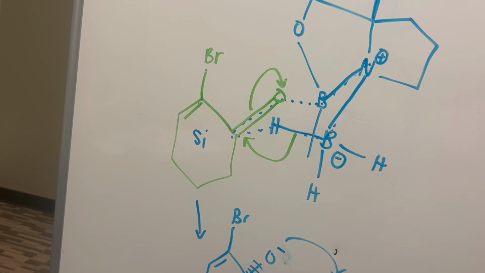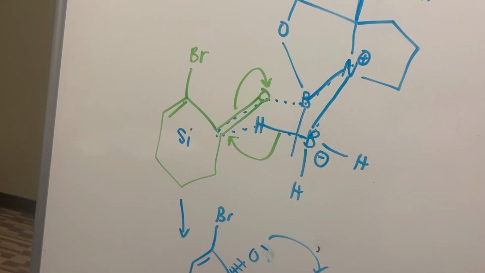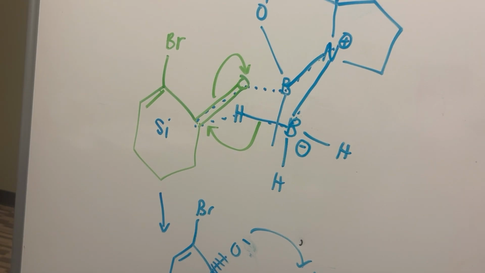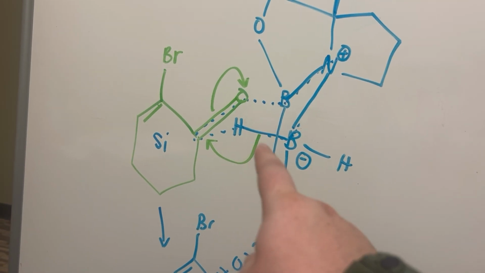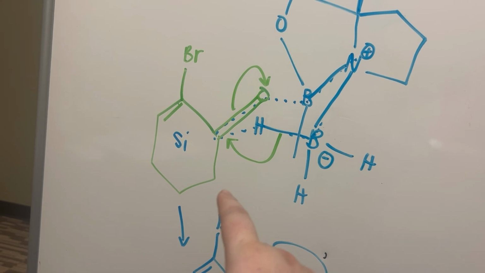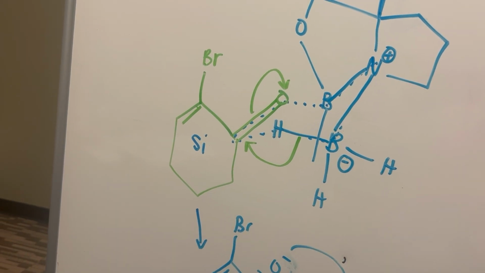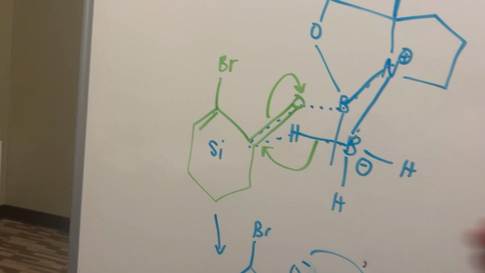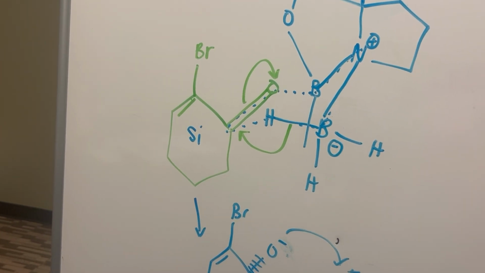And if you remember from organic, it's like a sodium borohydride addition of a hydride into a carbonyl. So we're showing that this hydride is being added into this carbonyl from this side because of sterics of this boron being too big, so it wants to be from this face of the molecule.